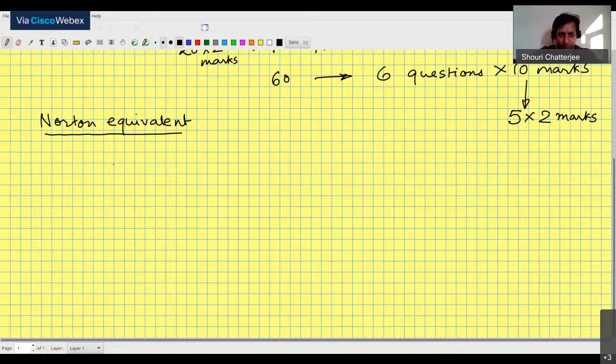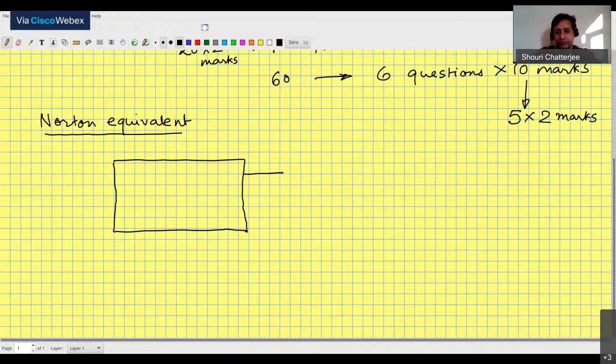So if you have a circuit block, how do you find out the Norton equivalent? For the Norton equivalent, you've got one port coming out. So problem number one is driving point impedance.